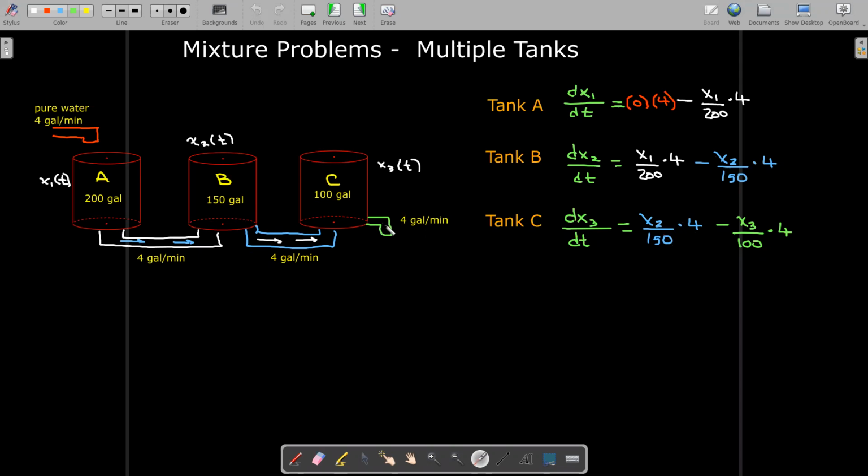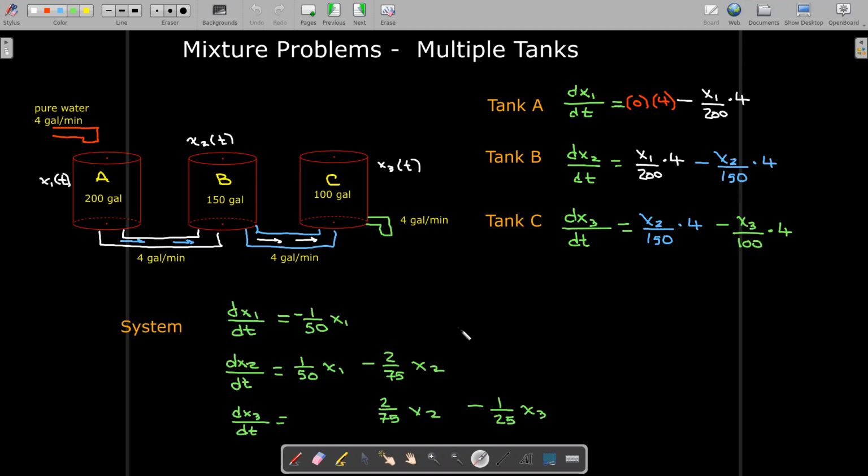Then we are draining brine from tank C at a rate of 4 gallons per minute, which means that in order to find how much salt is leaving tank C, we take the concentration of brine in tank C, the amount of salt divided by the volume. Then we could clean that up in order to create our system.